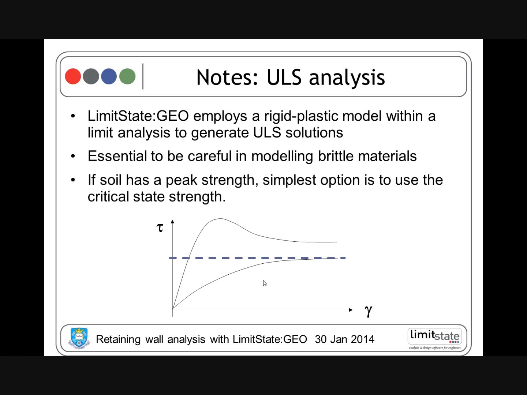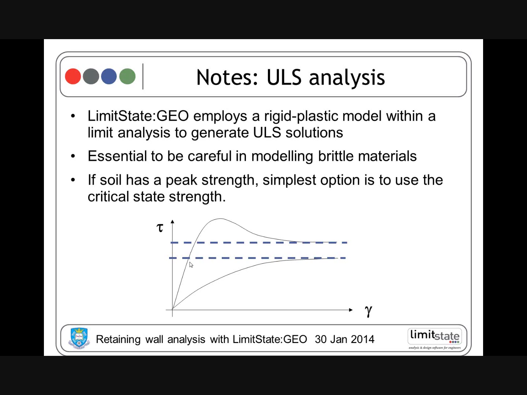So for the bottom curve, we can just take the peak strength, but for the upper curve, we'd take this ultimate or critical state strength rather than the peak strength. That's the safest option. Otherwise, you need to think carefully about how much strength is being mobilized in the problem.